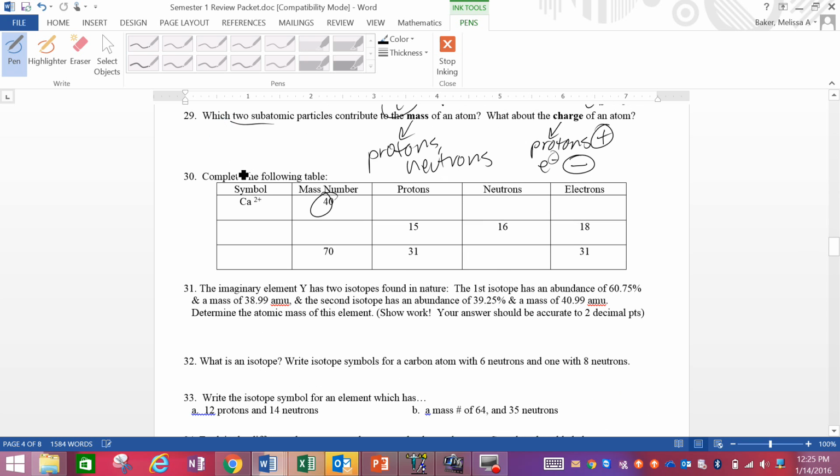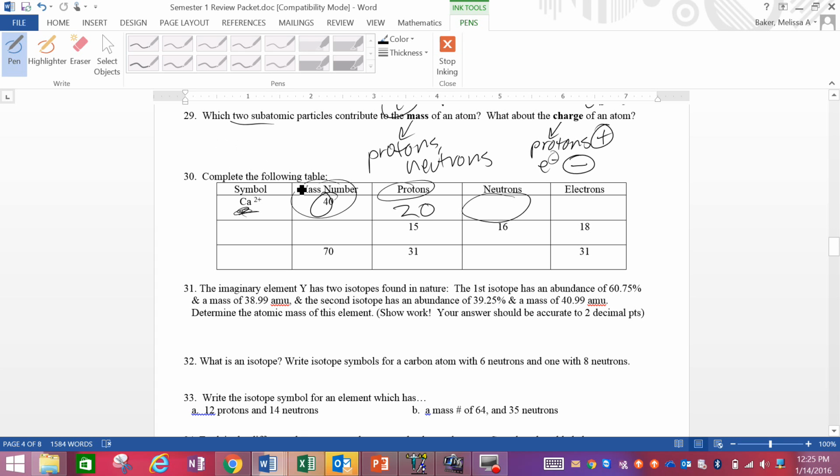If the mass is 40, okay, great. How do we find the number of protons? You have to look on the periodic table at what the atomic number is for your element. Calcium's number 20. That means it has 20 protons. How do you figure out how many neutrons? Well, protons and neutrons make up the mass.